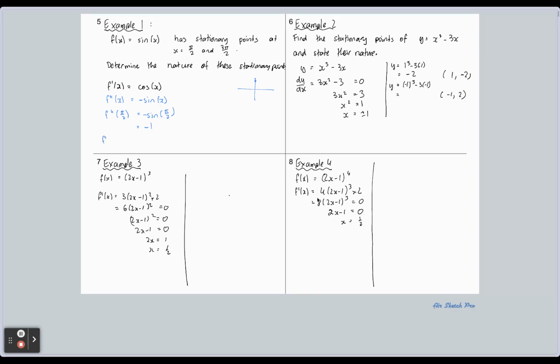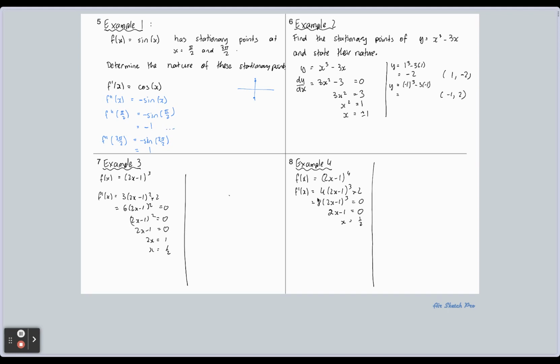And f dash dash of 3 pi on 2 is equal to negative sine of 3 pi on 2, which is equal to positive 1, because the sine of 3 pi on 2 is negative 1, so the negative of that is 1.